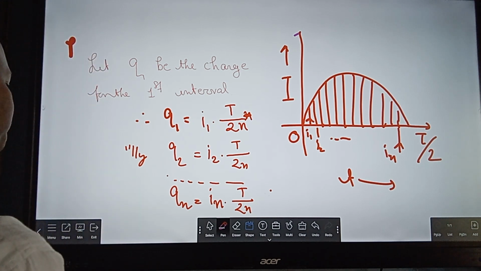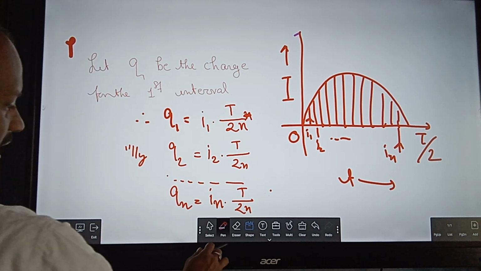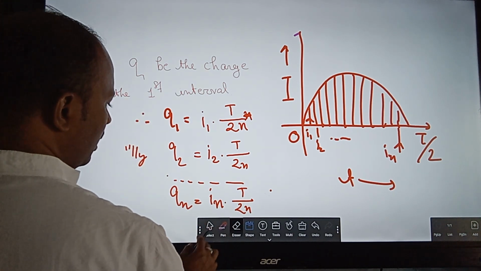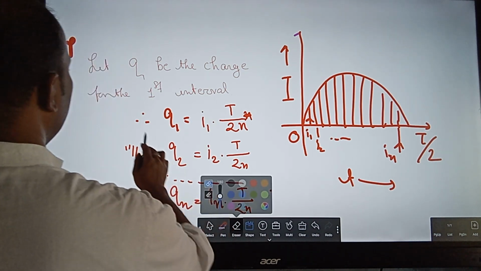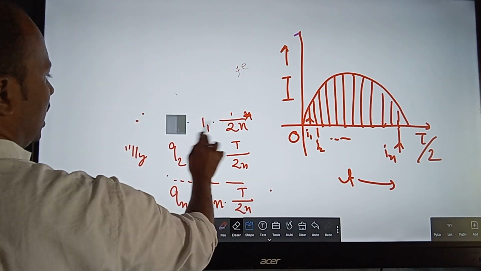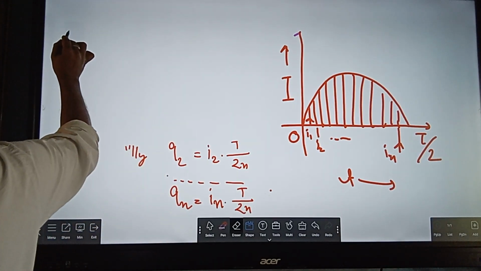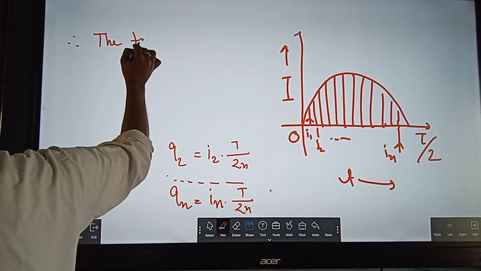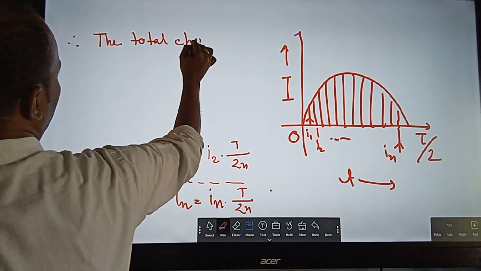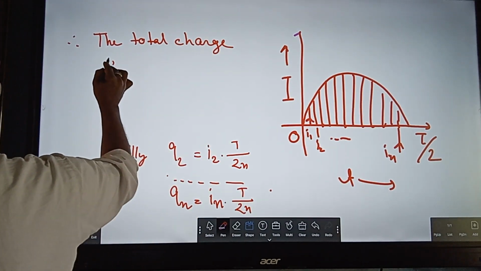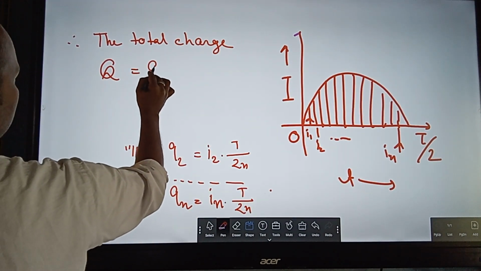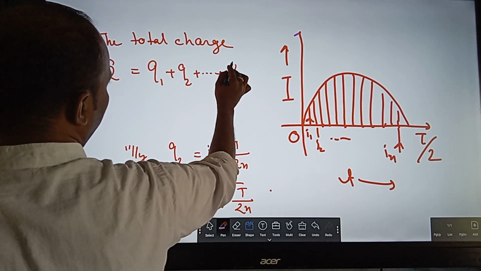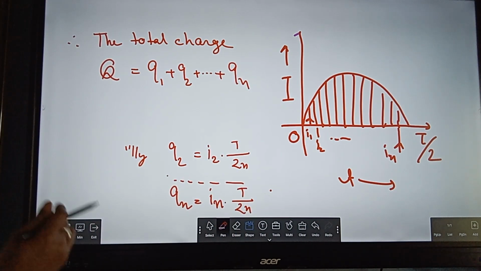Now, if we take the total charge, total charge means the sum of all the charges. The total charge Q is Q1 plus Q2 up to Qn.